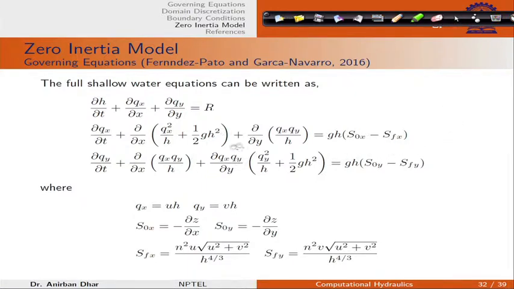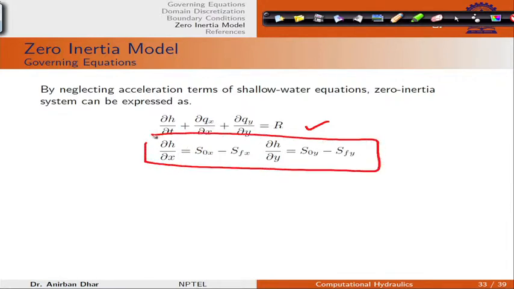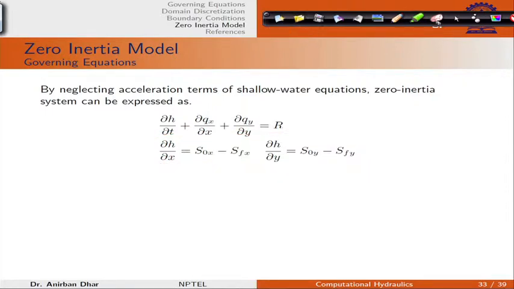We can drop some of the terms, and we can get the reduced form of the equation. So, what is that? We can retain our continuity equation, and we can drop other terms in our momentum equations by neglecting acceleration terms like this.